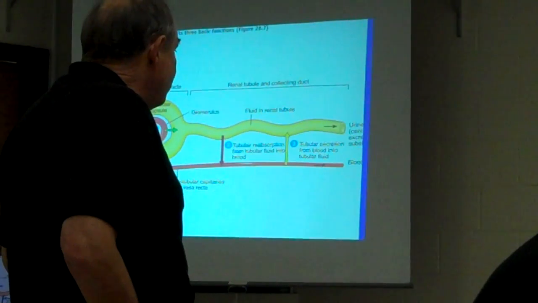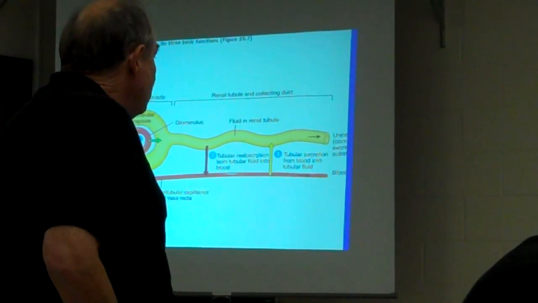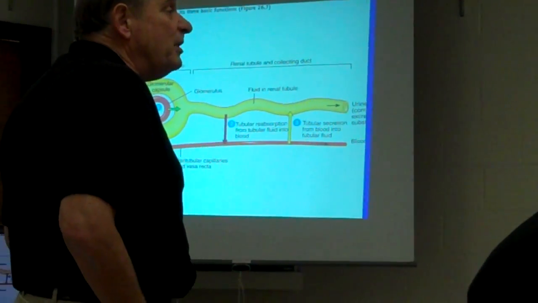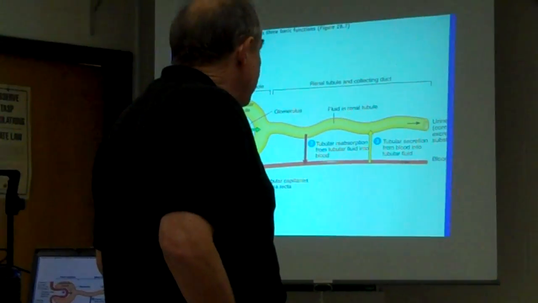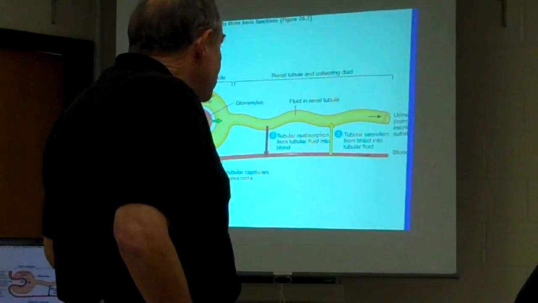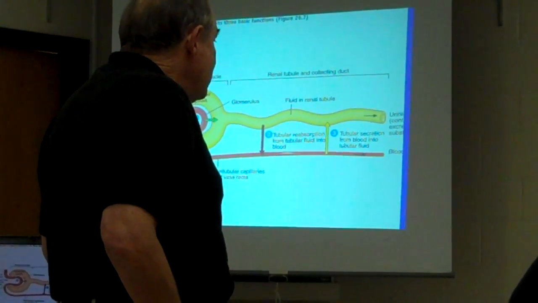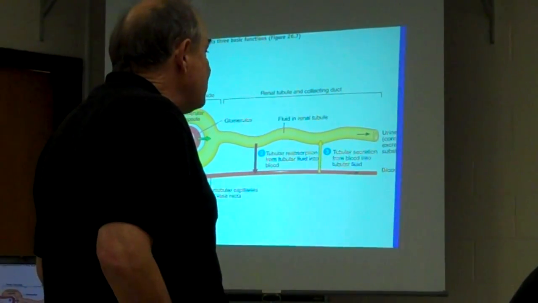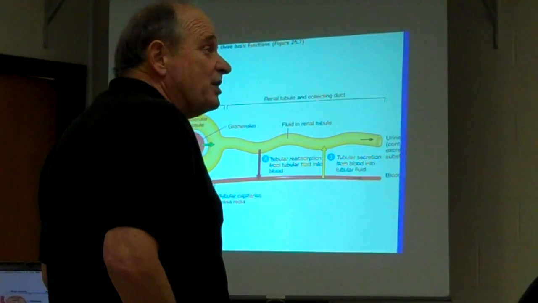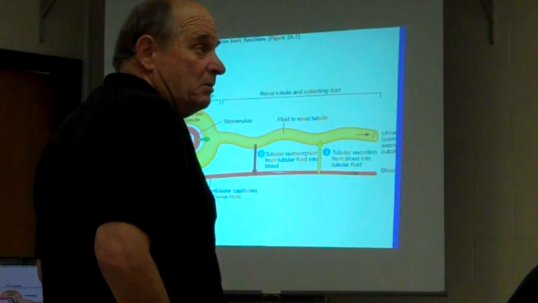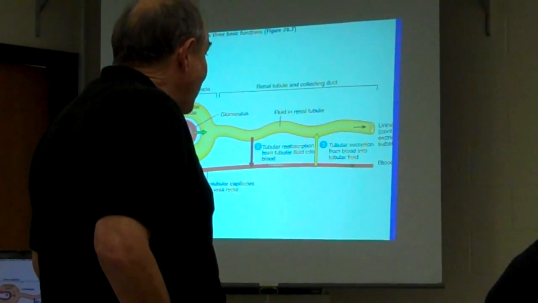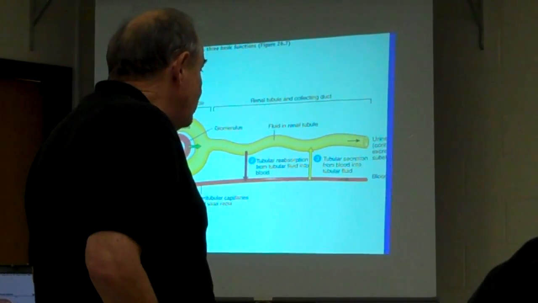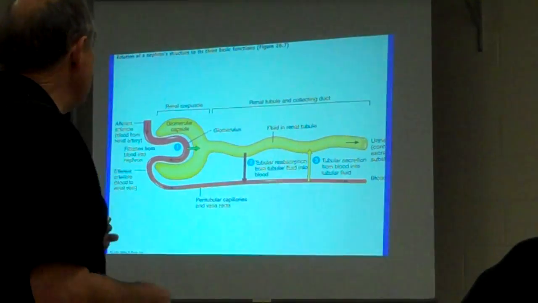In other words, this stuff right here is called filtrate, initial filtrate, which becomes urine. But then there are some things that are left in the blood that we need to get out of there. Tubular secretion helps get rid of excess hydrogen ions and things like that. Maybe drugs like penicillin will be taken out of the blood and put back into the urine. All right, so now here's the way this works.